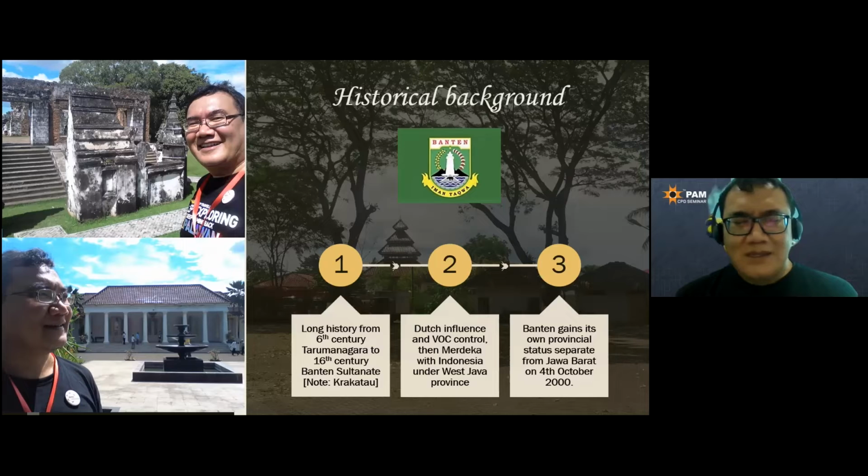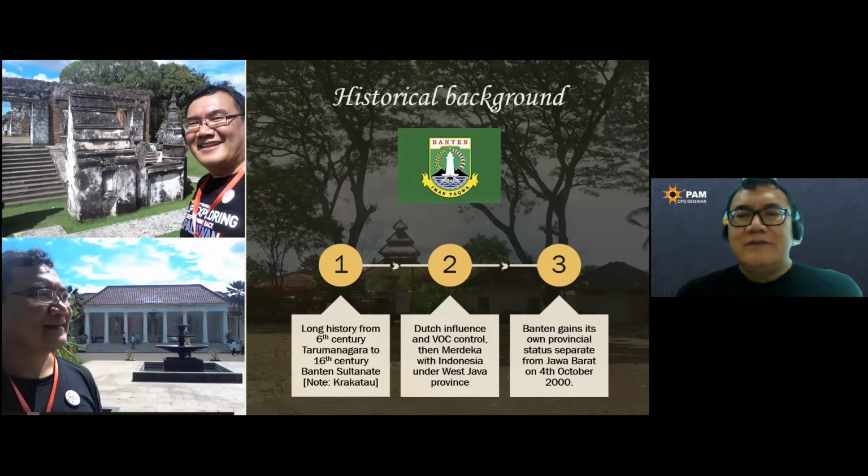It was dissolved for various reasons, some political and taxation. But it was very powerful, and as we know, it had influence in Malacca as well. The whole of Indonesia, as we know it then, was under VOC, meaning Dutch influence, and Banten was no exception. We'll go through that more.